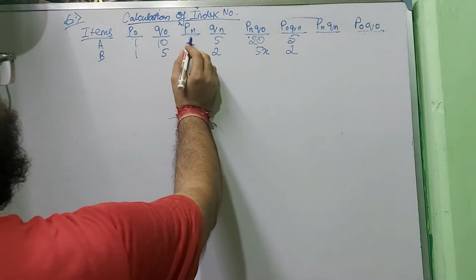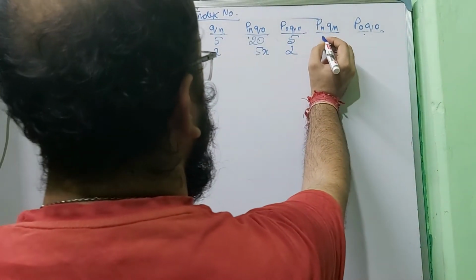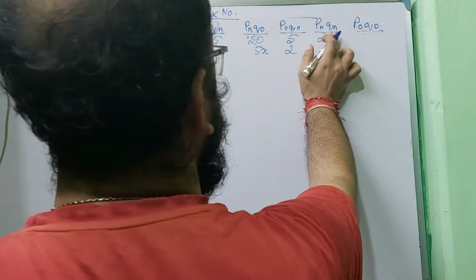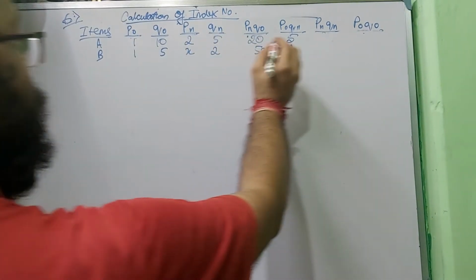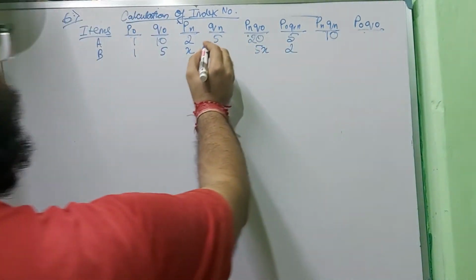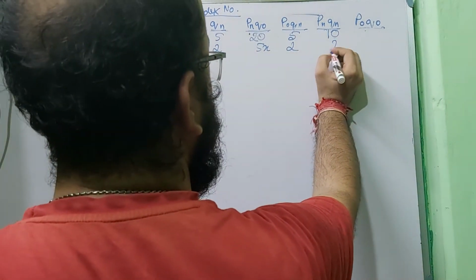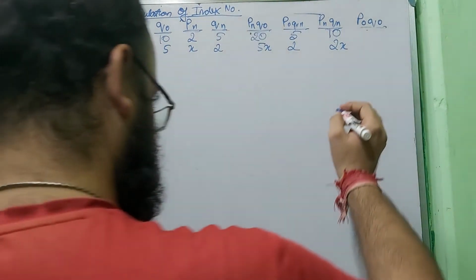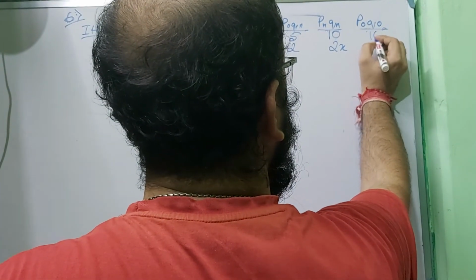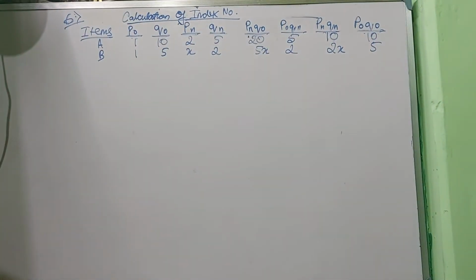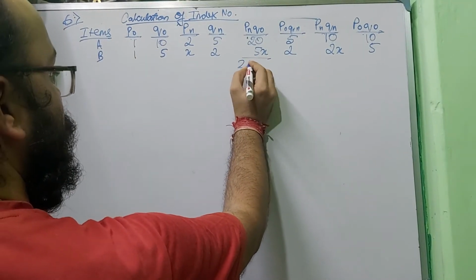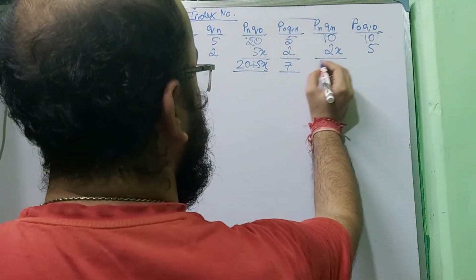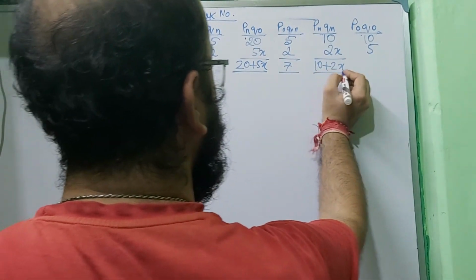Now Pn Qn means 10 and 2x. And P0 Q0 is 10 and 5. You add it up: Pn Q0 is 20 plus 5x, P0 Qn is 7, Pn Qn is 10 plus 2x, P0 Q0 is 15.